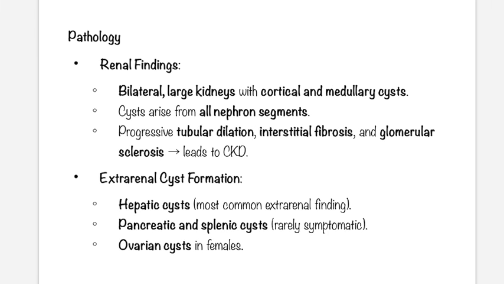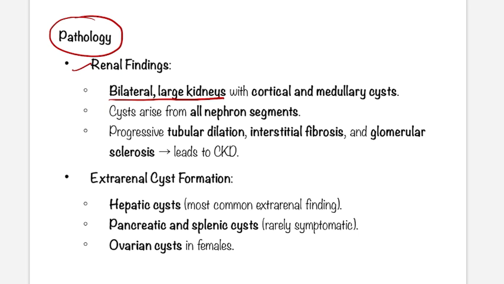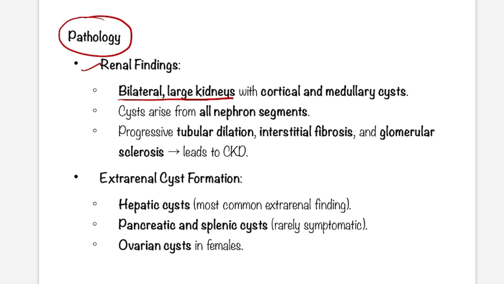Okay, so how does this disease present? Just remember, in renal findings, there are bilateral enlarged kidneys, similar to autosomal recessive polycystic kidney disease, with cortical and medullary cysts.